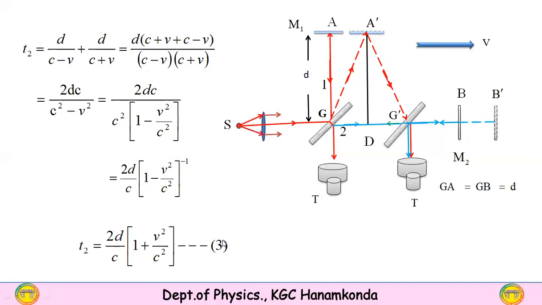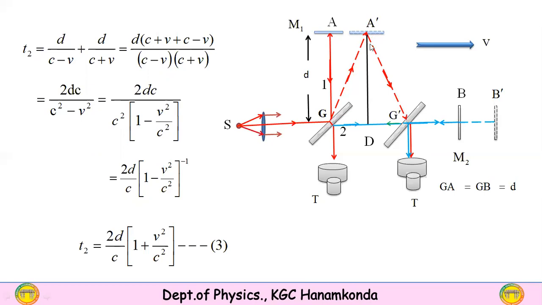So in the first case, when this entire setup is moving along the Earth's direction, along the horizontal direction, the ray reflected from the glass plate G is incident on the plane mirror at A dash, and again reflected back to G dash along this direction.